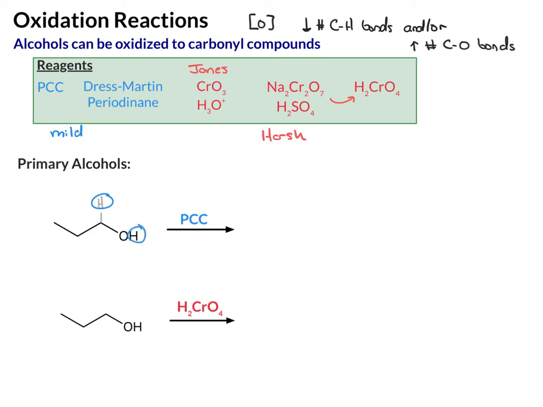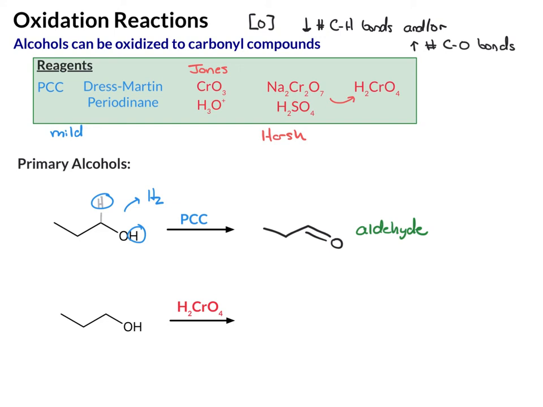This H and this H are lost, effectively as H2. It's not actually hydrogen gas eliminating, but you're effectively losing the two hydrogens across that bond. So we end up with an aldehyde product. This is what you get if you use one of the mild oxidizing agents with a primary alcohol.